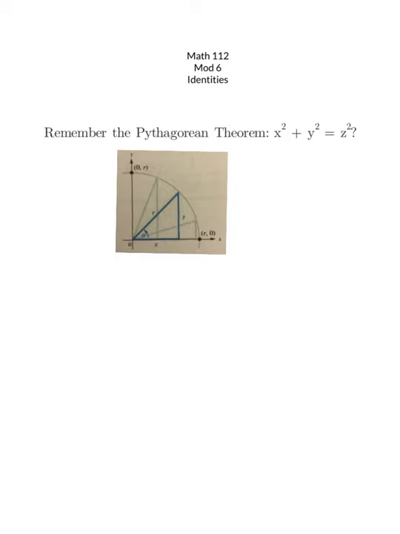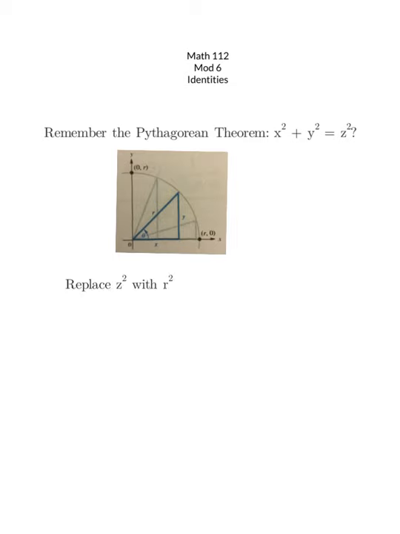Remember that x and y are the legs that make up the right angle of a right triangle, and that z is the hypotenuse. Now we're going to move that right triangle into a circle, as you can see in the figure given.